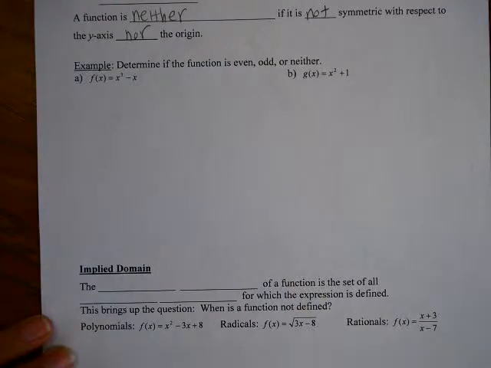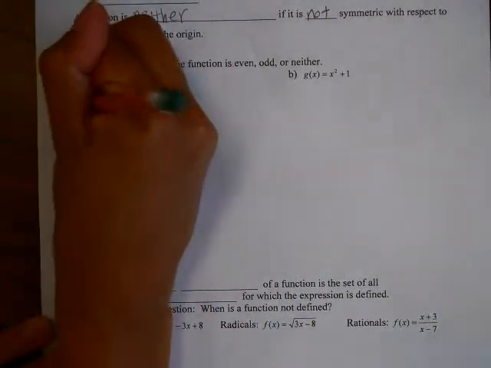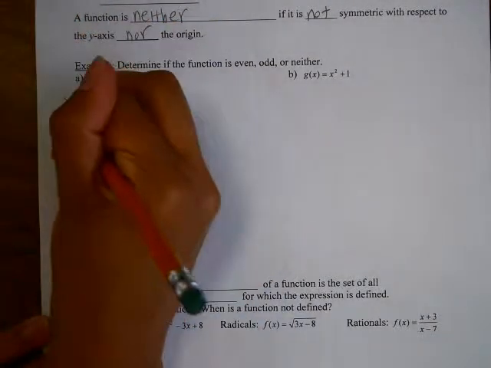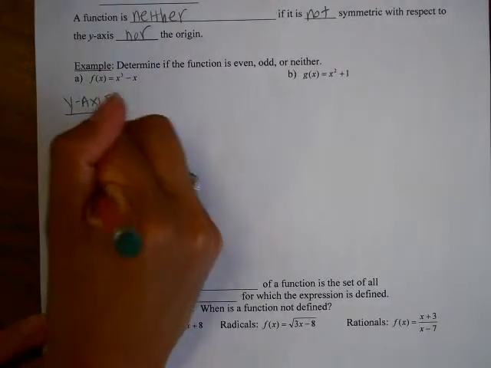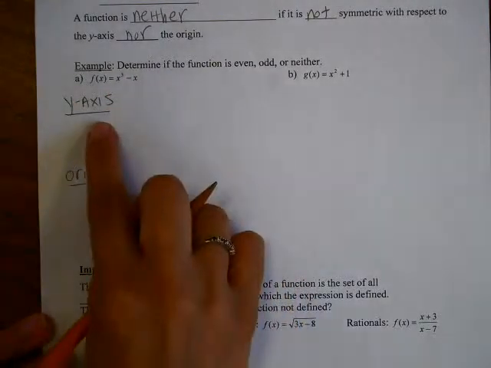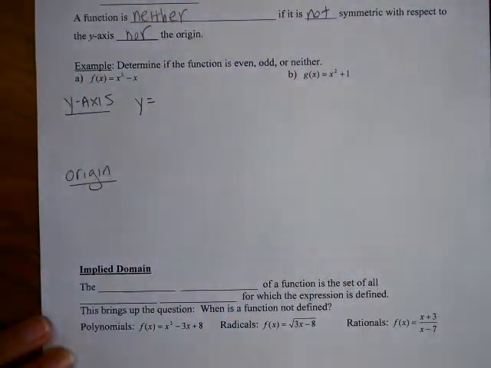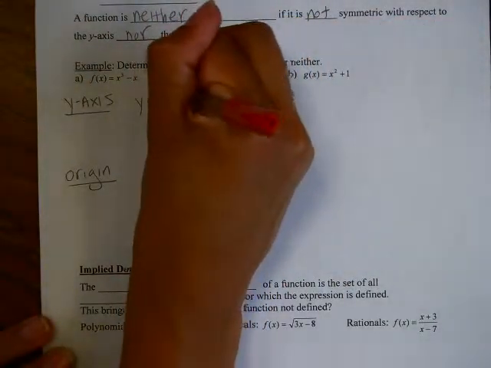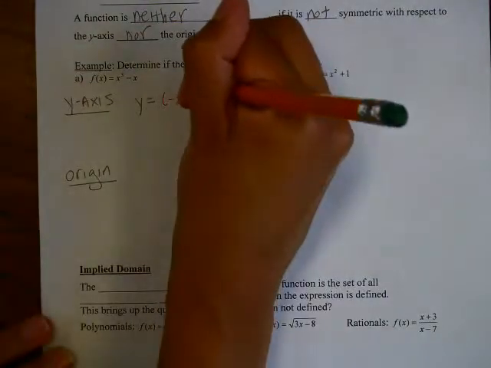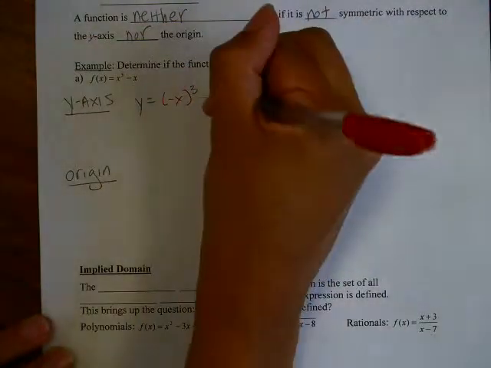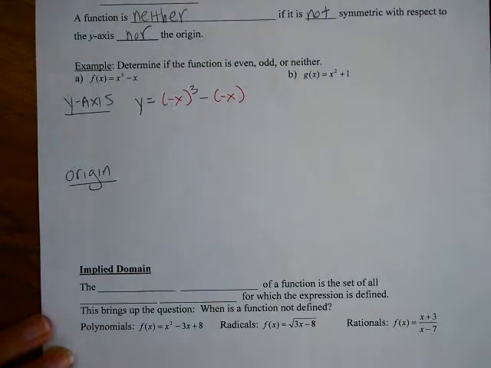So now, when we want to check a function, we only need to check y-axis and origin symmetry. So we're going to check this the same way we just did. Here, you would replace your x with a negative x and see if you come up with the same thing.